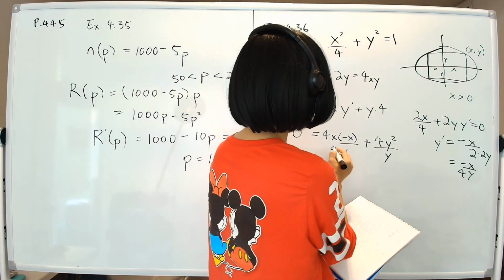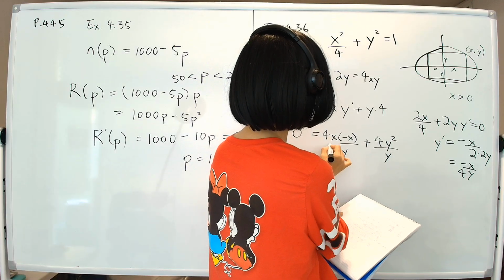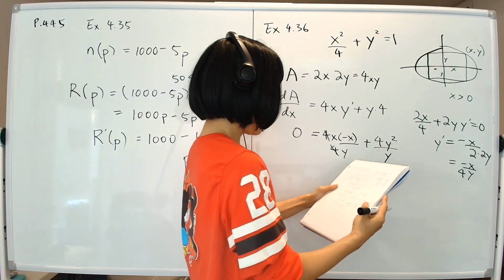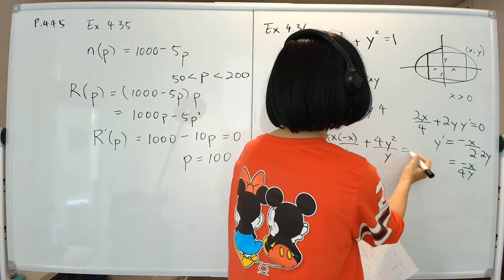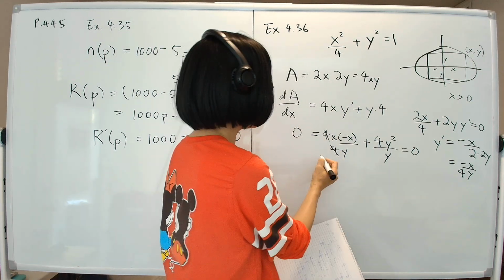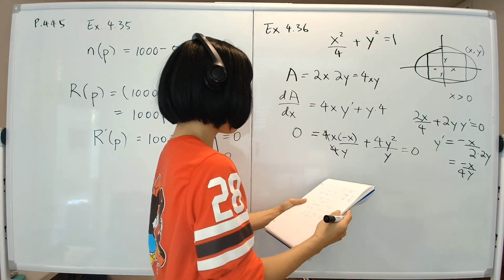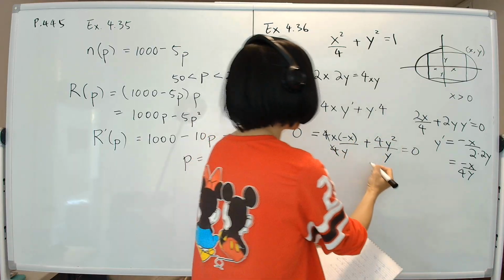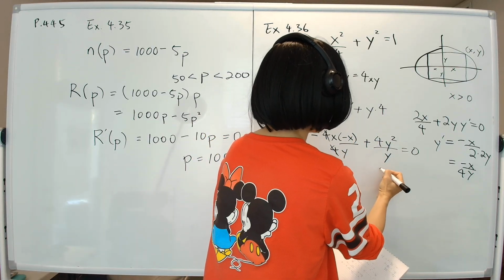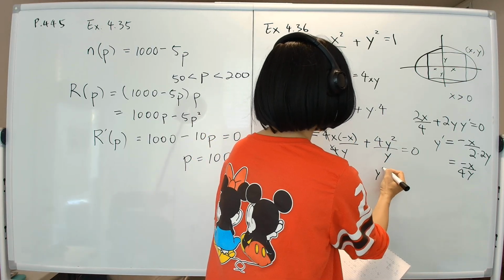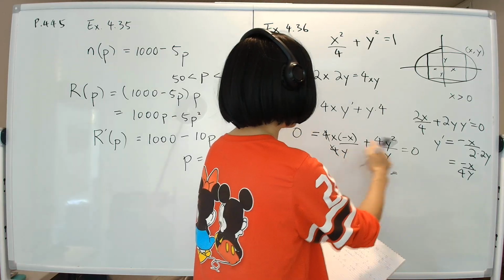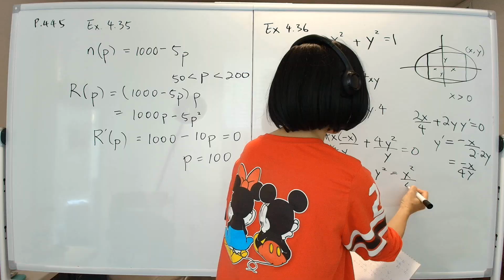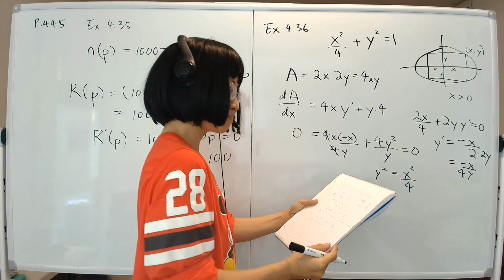At this point, this part cancels out. We set this to 0, and when you settle this, you get y squared equal to x squared, then divided by 4.